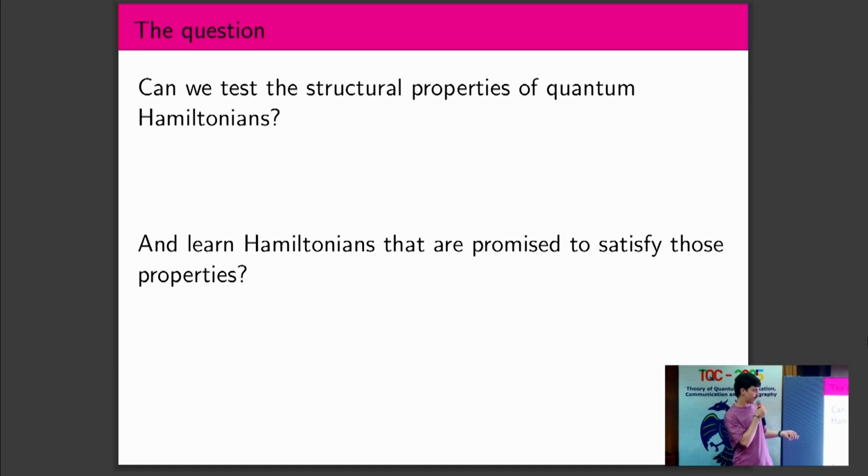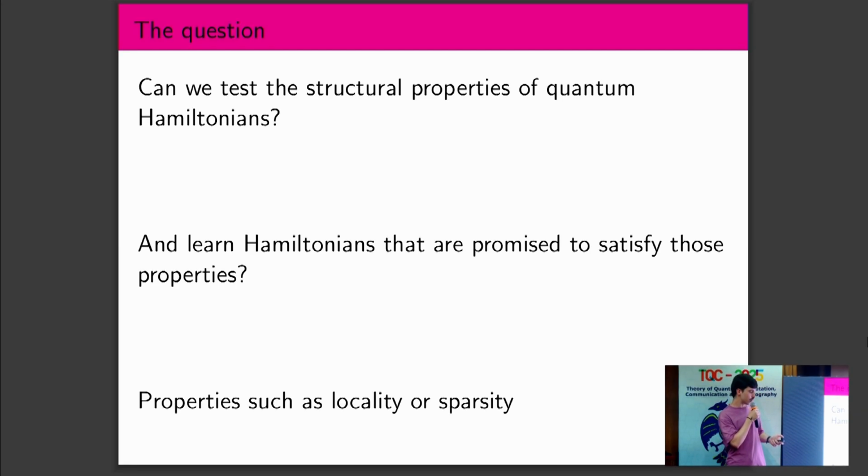So the idea is that first you test, and if the Hamiltonian satisfies the property, then you use that also to learn the Hamiltonian efficiently. And which properties are we going to care about in this work? They are two: locality and sparsity. They are very well studied properties, and they appear in nature in many cases.